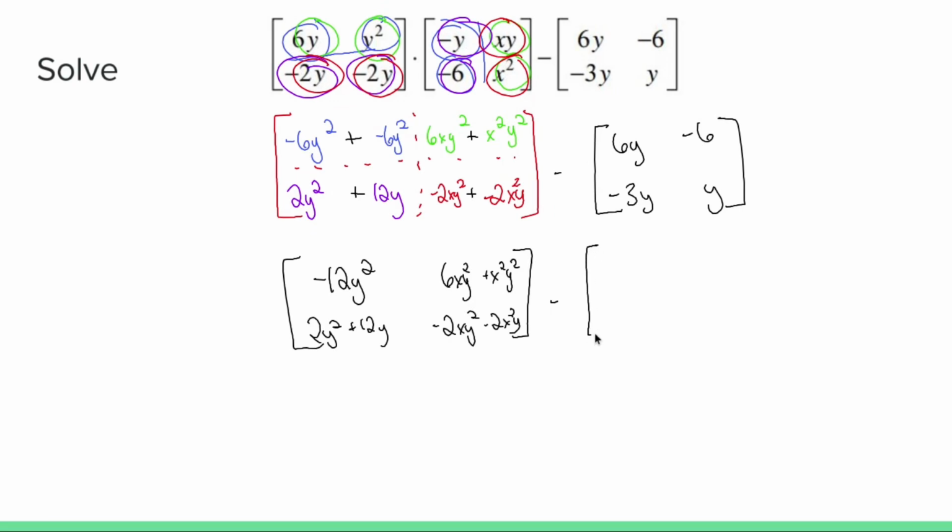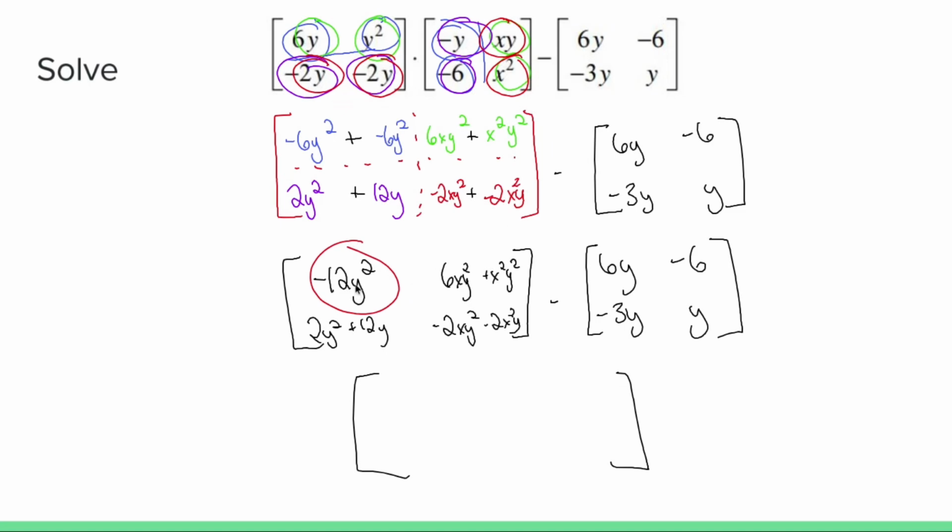And after all of that, we still have this matrix floating around. Now we are subtracting a 2 by 2 minus a 2 by 2, which is perfectly allowable. And what we'll get is a 2 by 2. Right? So the first element: negative 12y squared minus 6y has no combining, so negative 12y squared minus 6y just ends up being that.